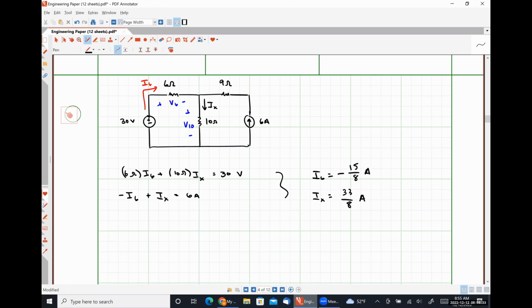And when I solve this system, I get 33/8 of an amp, the exact thing that I predicted would happen. So this circuit is a linear circuit that satisfies the additivity property, also known as the superposition principle, and the homogeneity property, okay?